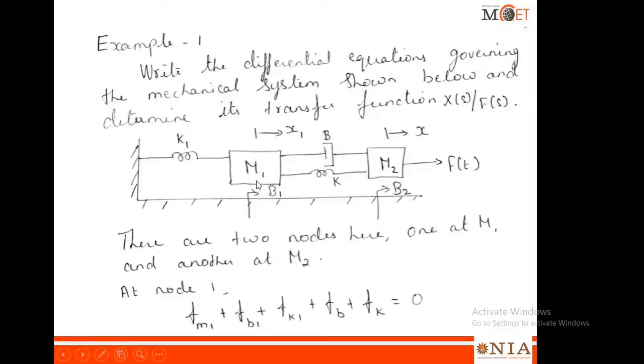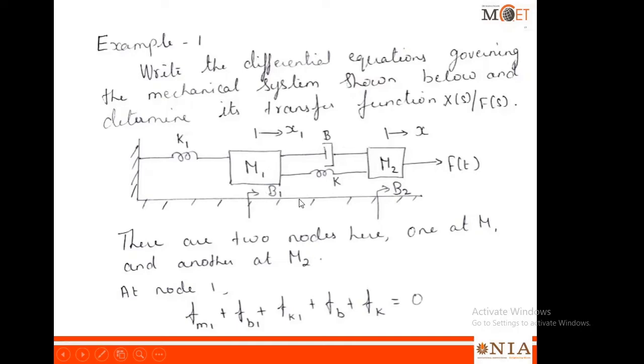So here is an example for a mechanical translational system. The problem is to find the transfer function of the system. Before we start, let us have an analysis of the given system. Here you can see that there are two mass points, M1 and M2. There is a friction between this mass and the ground.